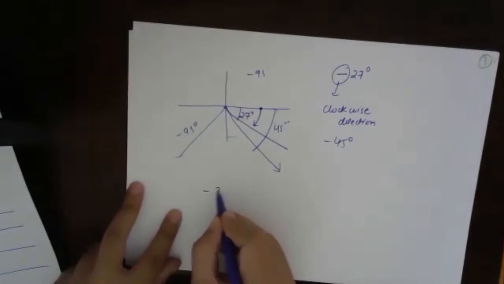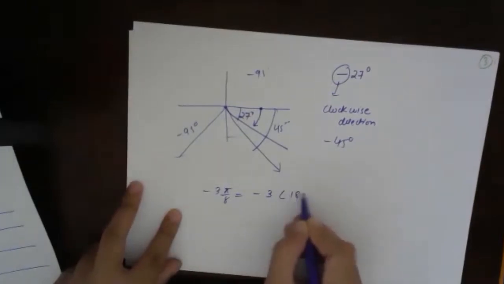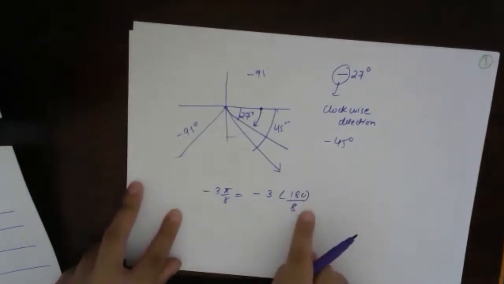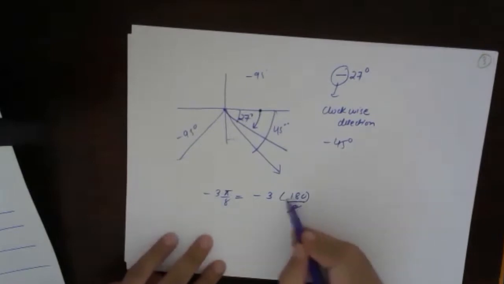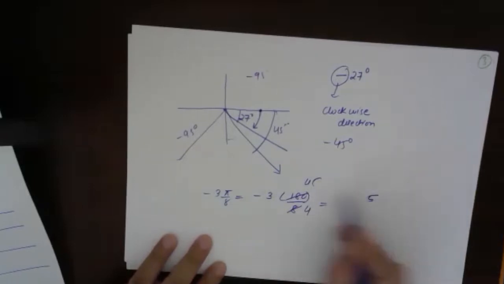Minus 3 pi by 8 is equal to minus of 3 into 180 by 8. So if I try to find out, 4 5s are 20, 3 5s are 15, 3 4s are 12, 13 by 4.